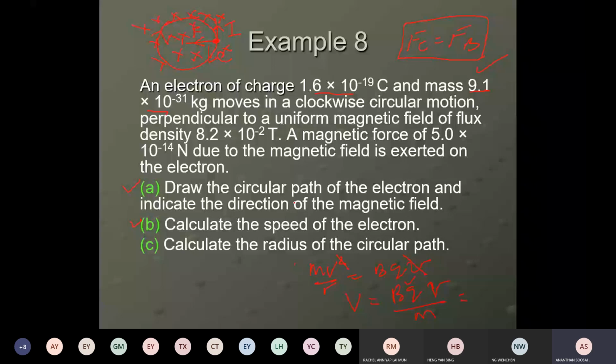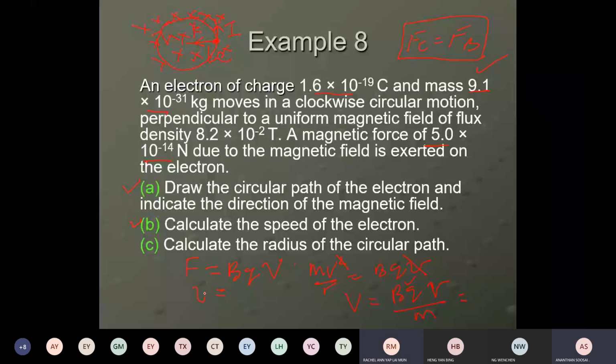Do you know the radius it makes? Oh, sorry. Can you use the magnetic force? F equals Bqv, because F is given. Yes, correct. This is easy. So Bqv, find the v.